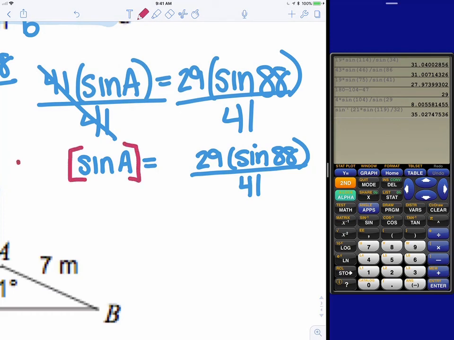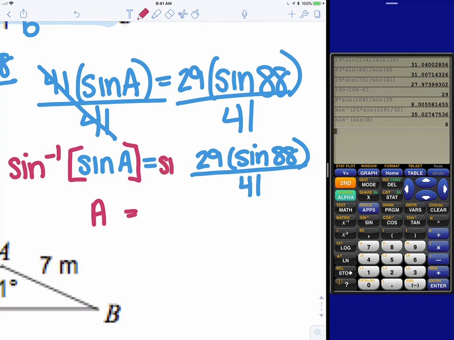I'm going to take the inverse sine of this side, which the inverse sine of the sine of anything, let's say 8, is just whatever's inside that parentheses, whatever you were taking the original sine of to begin with. And that's why it gives you A as a result.